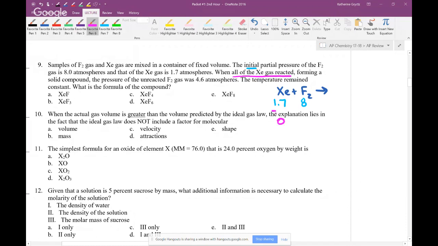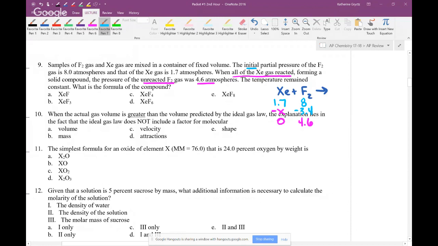You're definitely going to subtract something here. If you look at all the formulas, xenon is clearly going to be a 1 in front of the balancing. There's only one xenon, but there are different numbers of fluorine. It says when all the xenon gas reacted, the pressure of unreacted F2 is 4.6. So there's 4.6 left, and that means you lost 3.4.